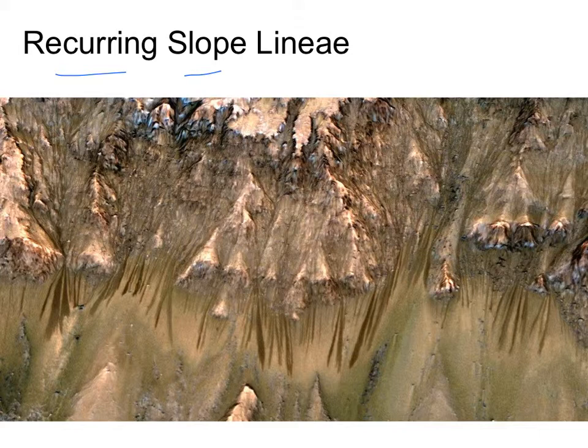So if you're looking at this, what might be causing these dark streaks to show up in the sediments that are on these slopes? Somebody going around and spray painting, and then probably. I mean, you can't expect wind-blown dust to create these patterns, right?